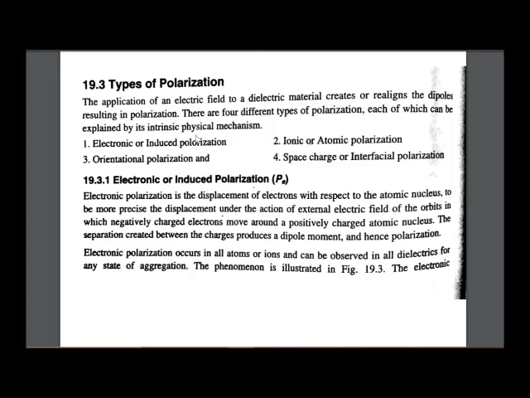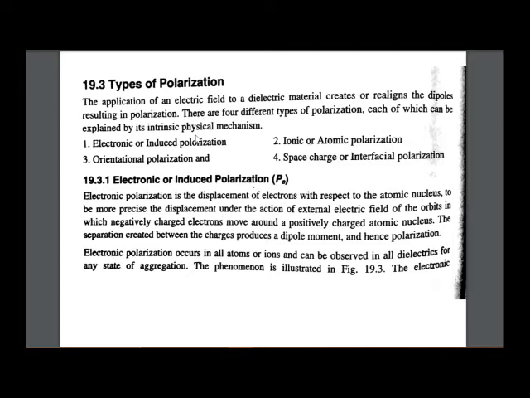There are four different types of polarization, namely electronic or induced polarization, second, ionic or atomic polarization, third, orientational polarization, and fourth, space charge or interfacial polarization. Now let us understand all the types one by one.